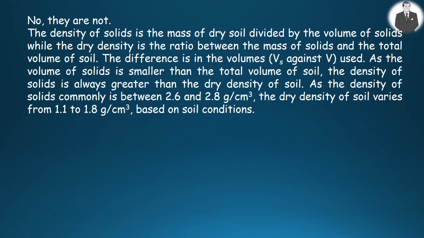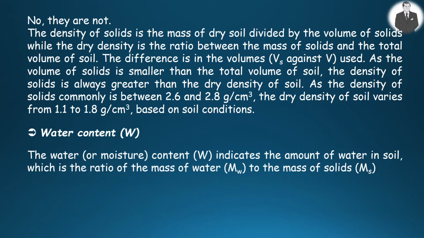While the volume of solids is smaller than the total volume of soil, the density of solids is always greater than the dry density of soil. As the density of solids is generally between 2.6 and 2.8 gram per cubic centimeter, the dry density of soil ranges from 1.1 to 1.8 gram per cubic centimeter, depending on soil condition.